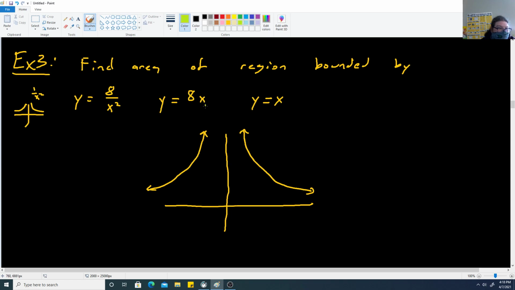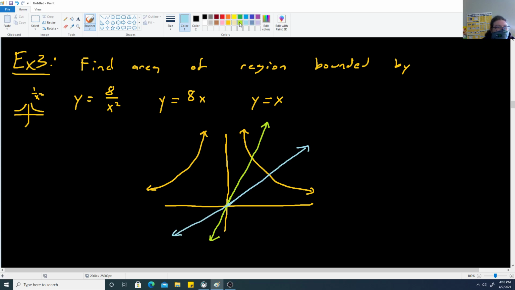The line 8x, that's a line here, crosses through the origin with slope 8, so it would be going upwards very rapidly with a steep slope of 8. And our line y equals x, that would just be a line here like that.